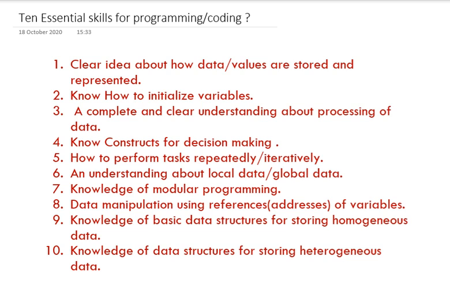There is another option for doing things repeatedly or iteratively, that is the concept of recursion, which we'll also address when we discuss these skills. The next skill is an understanding about local data and global data.